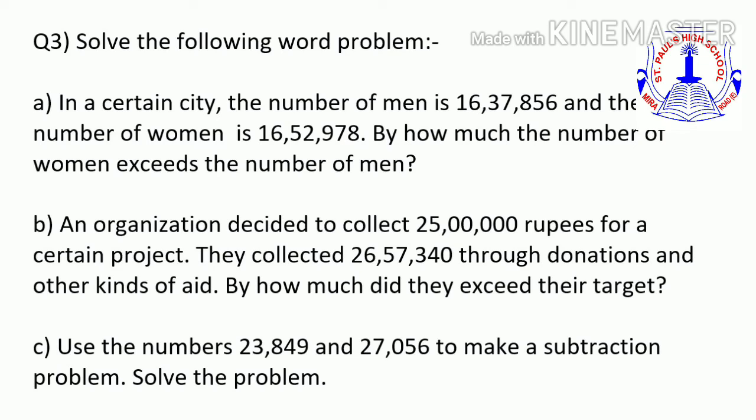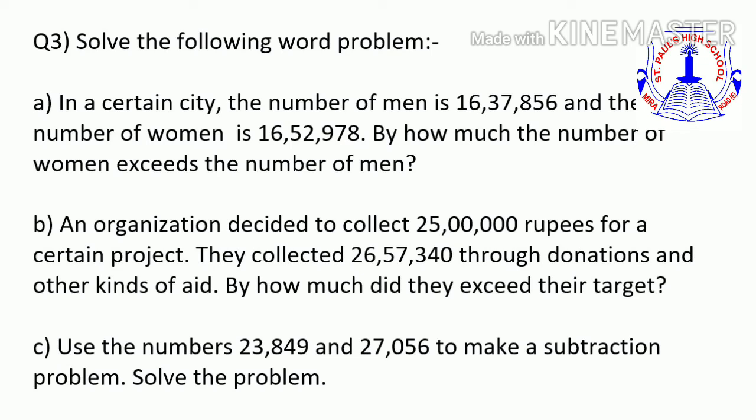Question number 3. Solve the following word problem. First one. In a certain city, the number of men is 16,37,856 and the number of women is 16,52,978. By how much does the number of women exceed the number of men?